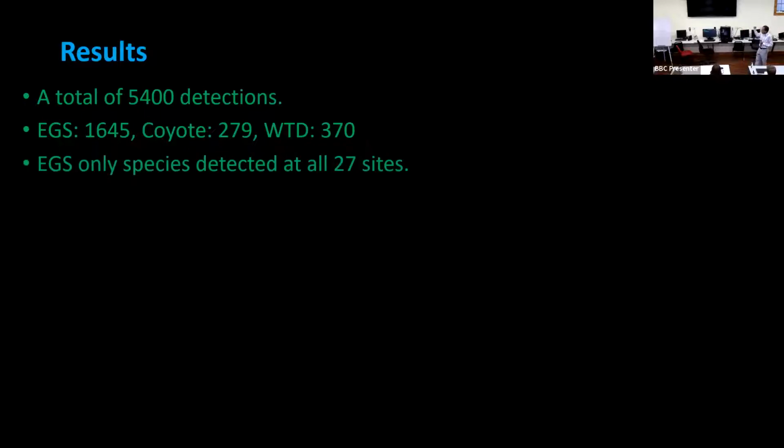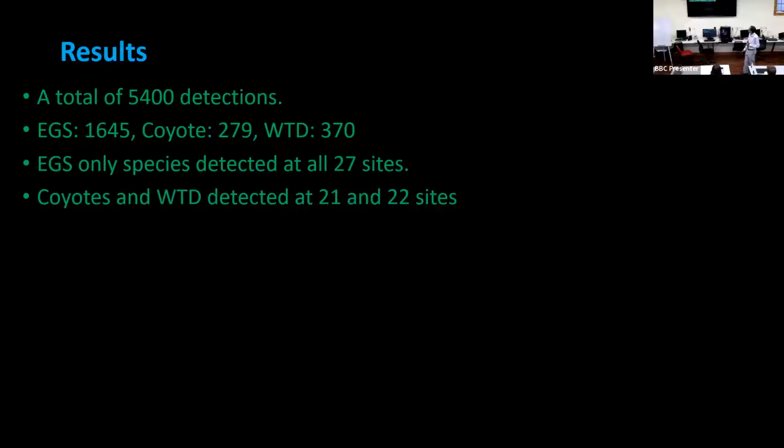The only species out of these three that we detected in all 27 sites is the eastern gray squirrel. Again, not a huge surprise. Coyotes and white-tailed deer occur in roughly the same number of sites, but not exactly the same sites. We have deer exclusion, probably by fencing in several properties, probably including the zoo, I think, Jeff, right?